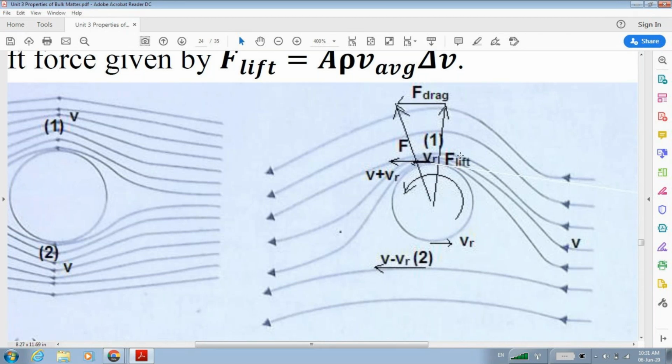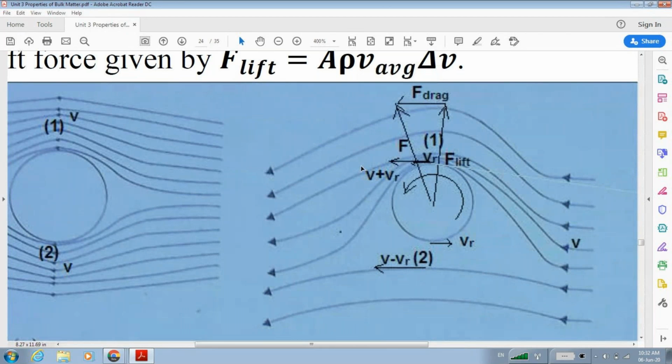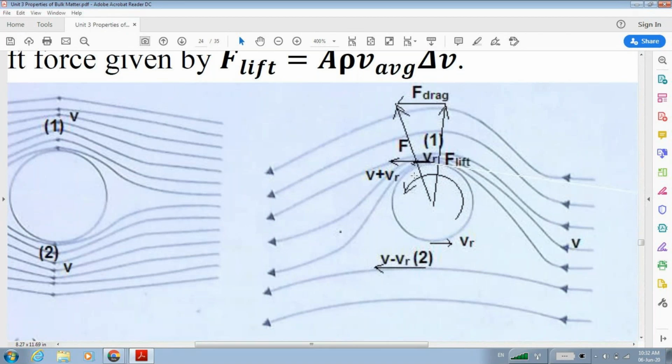So there the resultant velocity of the streamlines will be more. The resultant velocity of the streamlines will become v plus vr. Is it clear? If the ball's rotational velocity is vr and the streamline velocity is v, it pulls further forward, right? It pulls a little more than the streamline velocity and pushes it further ahead. So as a result, what happens to the velocity of the streamlines there?